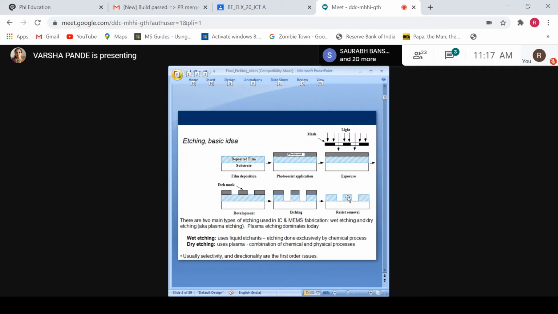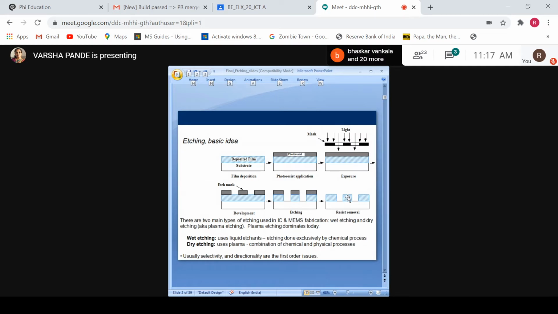Again, these byproducts are dissolved in that solution, or the byproducts may be dissolved in the water also. So this is called as a wet etching. In this, liquid etchants are used and due to the chemical processes that etching is done.